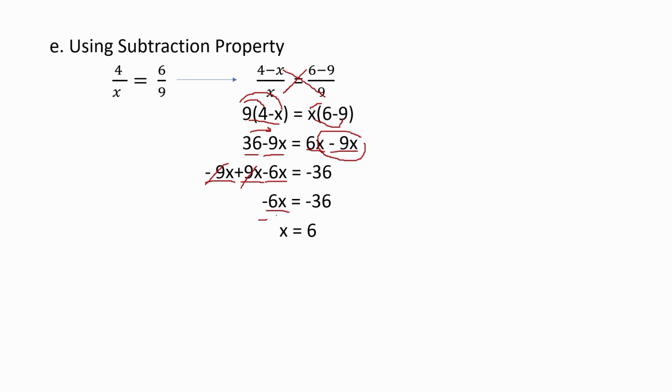So our x here is equal to positive 6. So still, we get positive 6. So we used different properties. As long as the process is correct, then we will arrive at the same value of x.